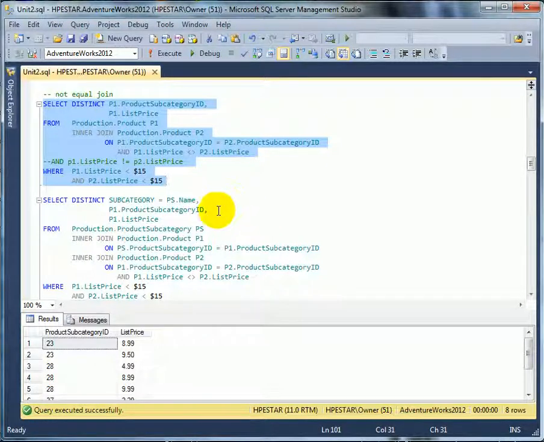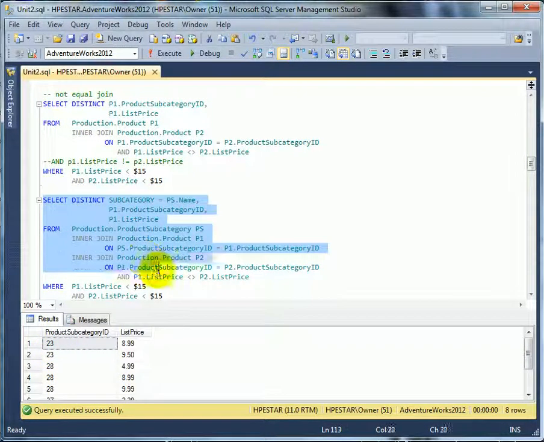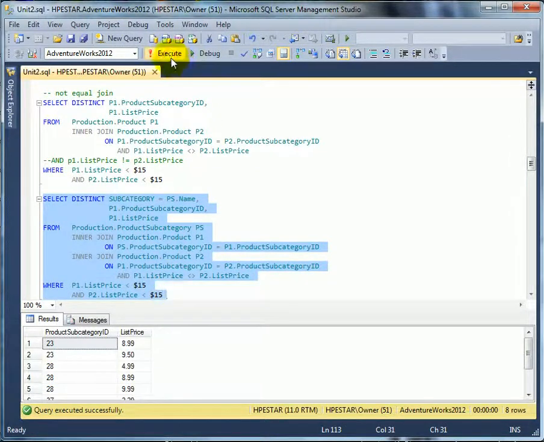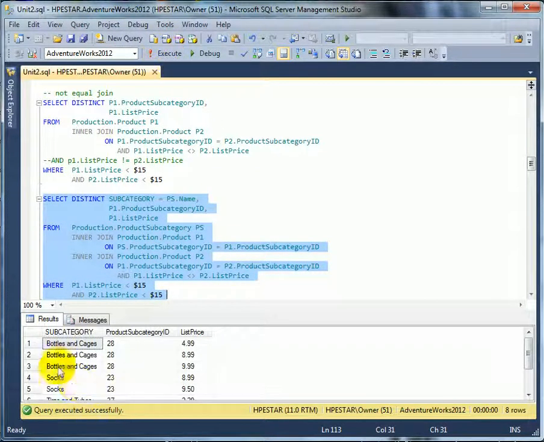Now, to make the report more meaningful, we are joining in the product subcategory table, where we are going to get the names for the subcategories. And now immediately the report looks better.